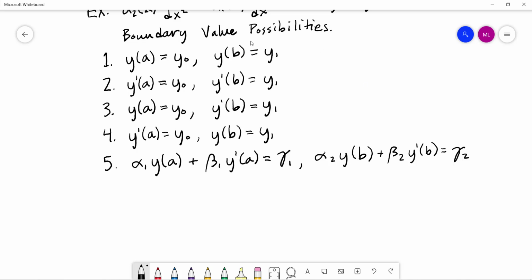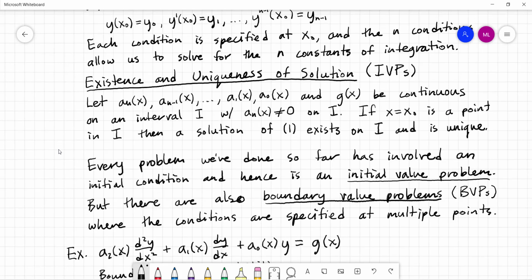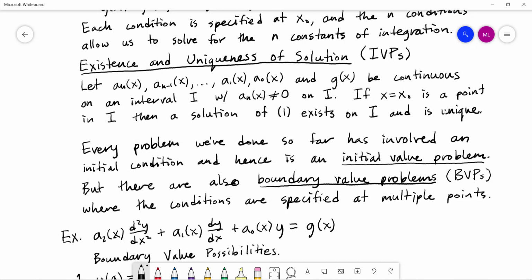All of these are considered boundary value problems with different, obviously, boundary value possibilities. The problem with boundary value problems, as opposed to initial value problems, is we no longer have a nice theorem like this. We can have this same setup.